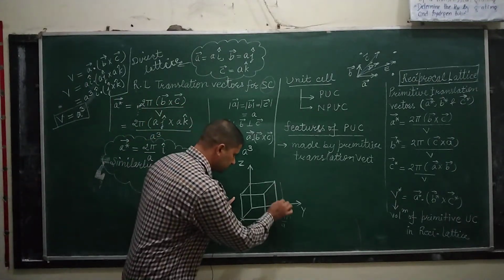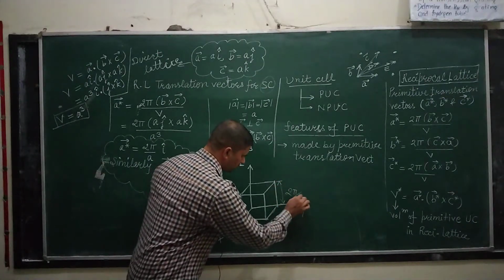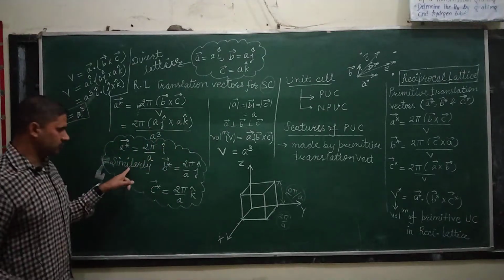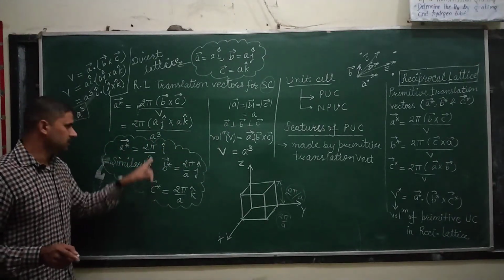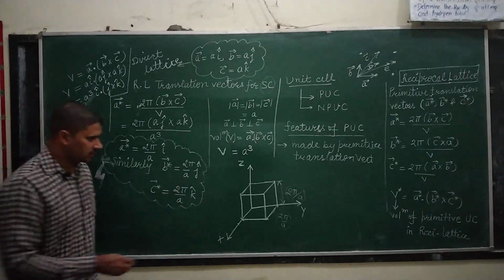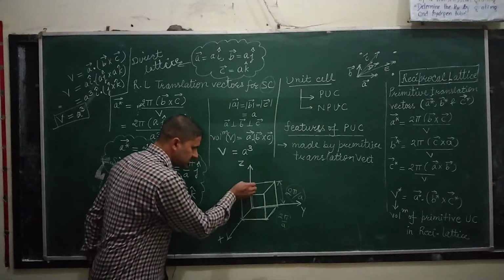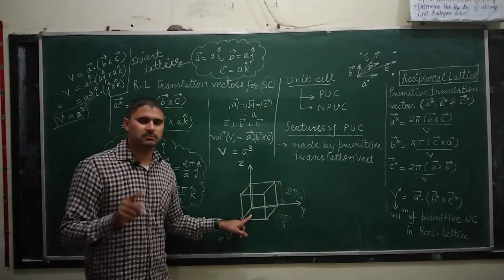Here the size of the unit cell is 2 pi by a, and from this relation you can see the magnitude of a star, b star, c star is equal to 2 pi by a, 2 pi by a, 2 pi by a. So this side and this side will be of magnitude 2 pi by a.